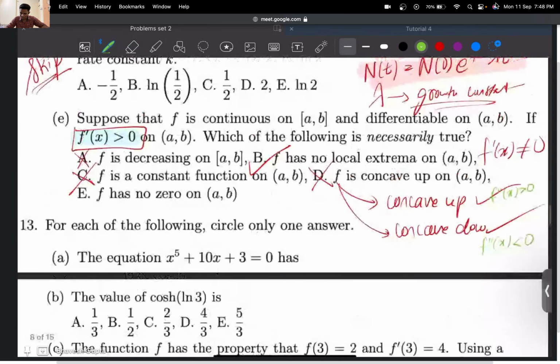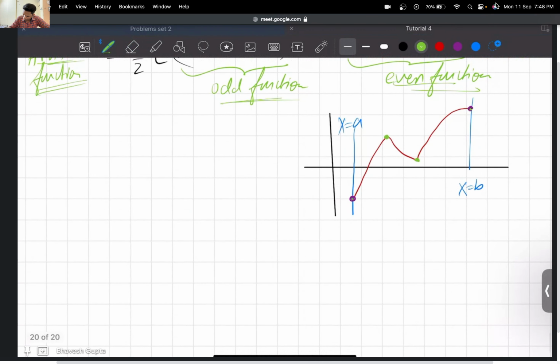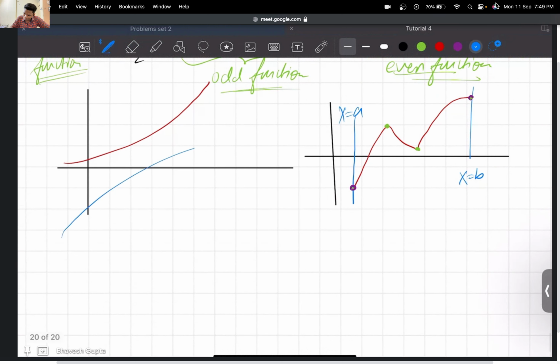In case you are wondering how this is true, let's say we have this particular plot. You can see this is strictly increasing, right? You can have another plot which is this.